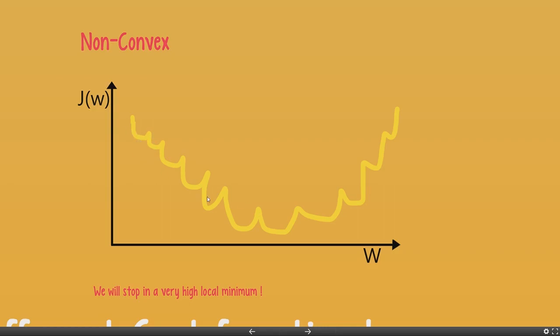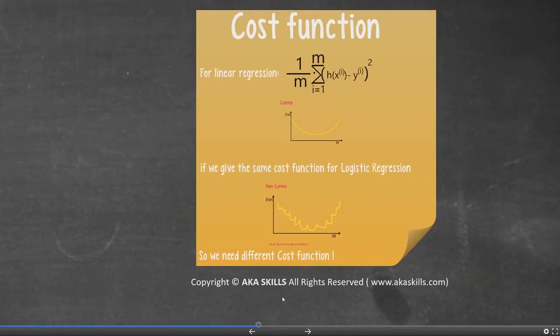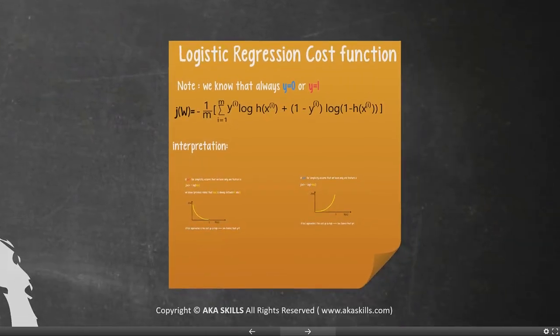It's gonna stick here or here, and here it's more dangerous to stick. So it's really hard to converge to the global minimum if we use the same cost function we used for linear regression. The problem is we will stop in a very high local minimum. So we need a different cost function, and that's what we're gonna learn.